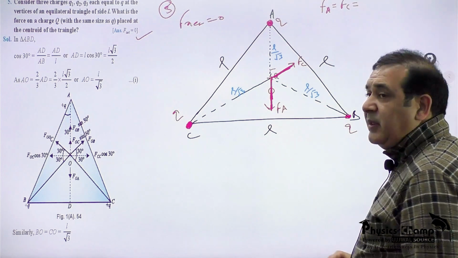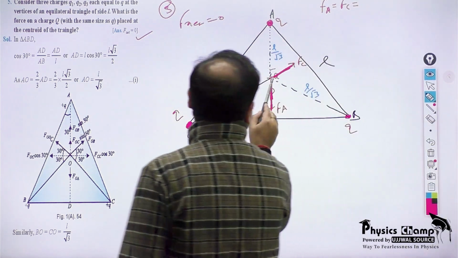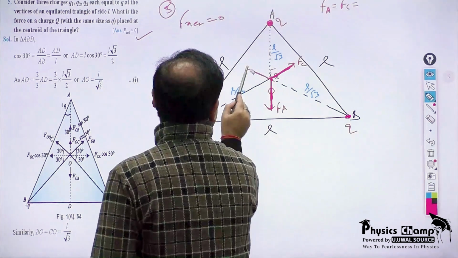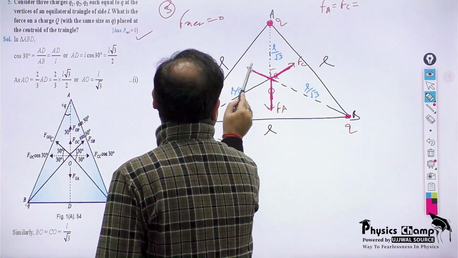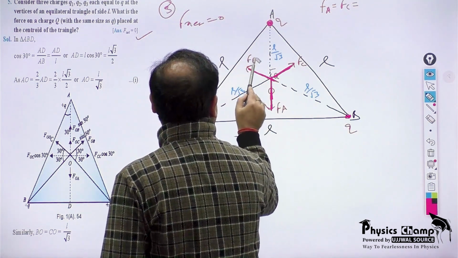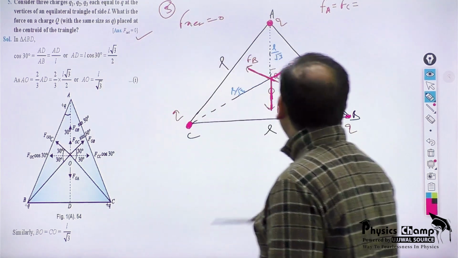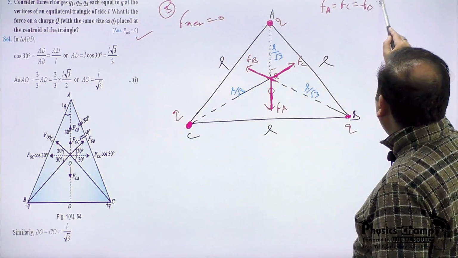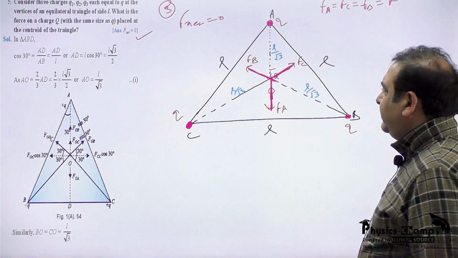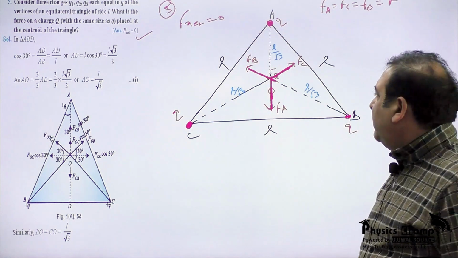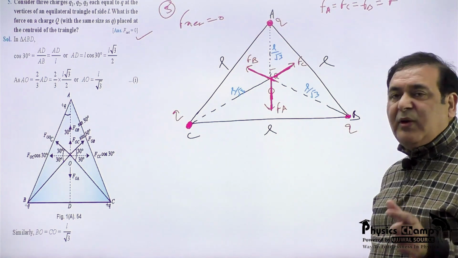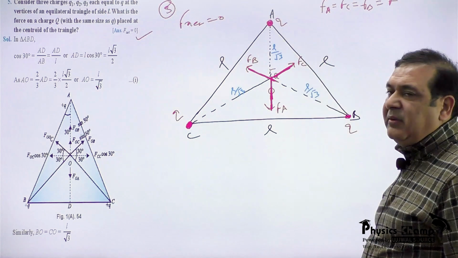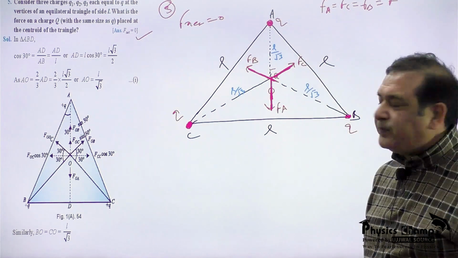And there will be another force acting at the centroid, Fb, the force by B. All these forces will have the same value, because in every combination the charges are the same and the gap is also the same.